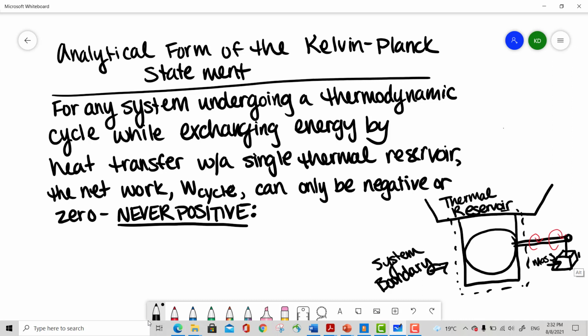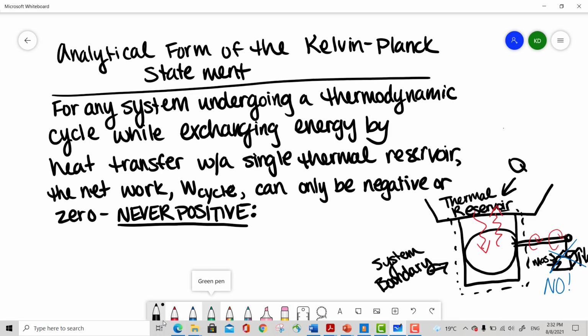This moving up and down is not possible. That's what this is saying. Why? Because we have a single thermal reservoir. We don't have anything else. What we're trying to get is some heat transfer to help carry this work. So we've got Q. So this is not possible. That's what this is saying.